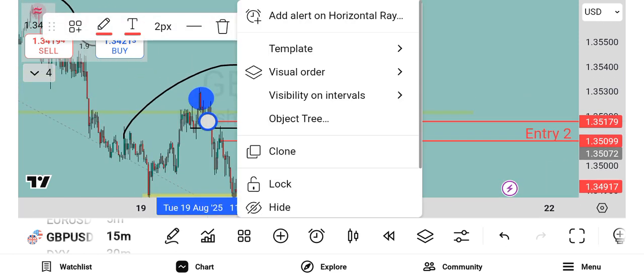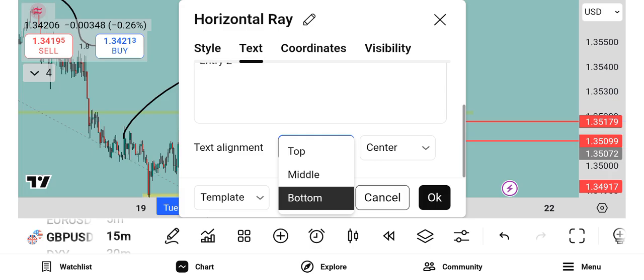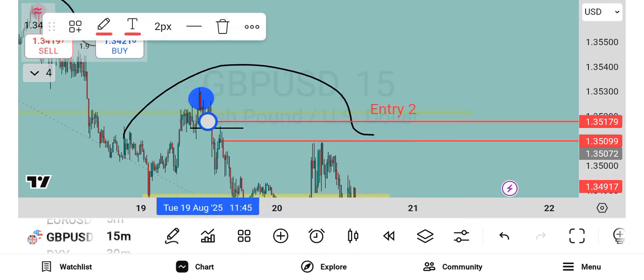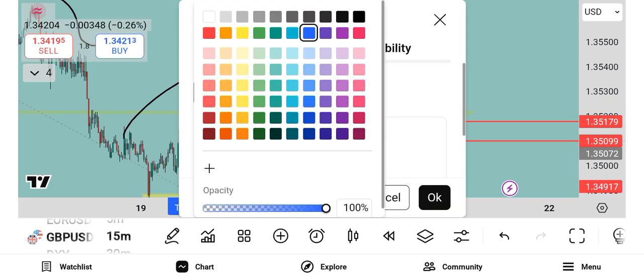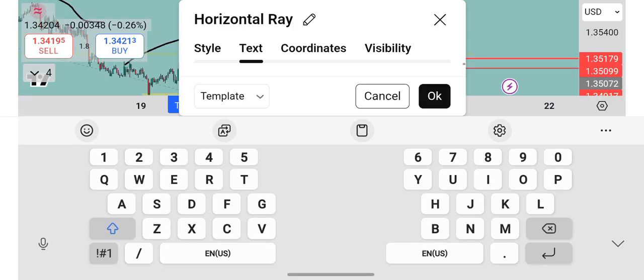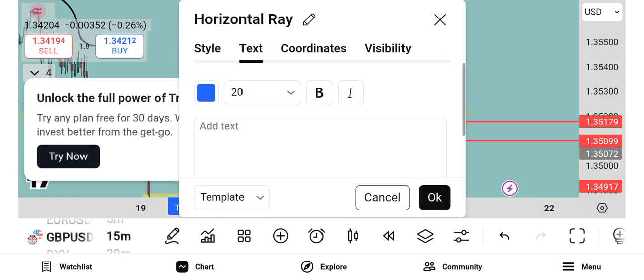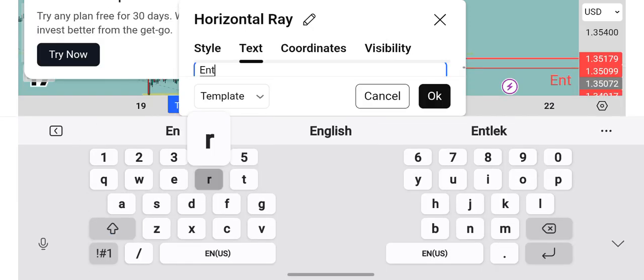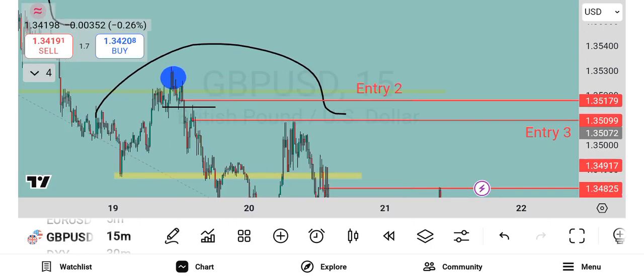Nah, dog, what did I do here? No, center at the top. And this is entry 2. This is entry 3. Yo, chill, dog, what you doing? This is entry 3.